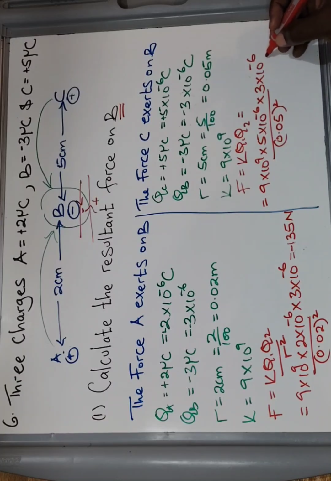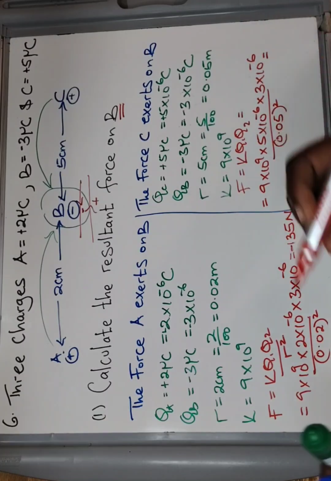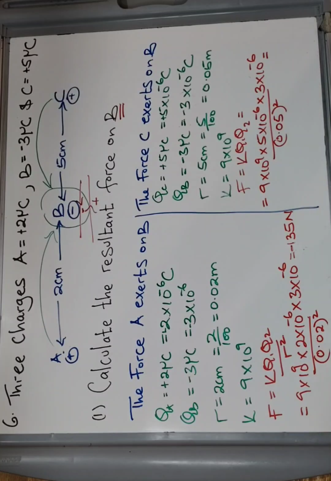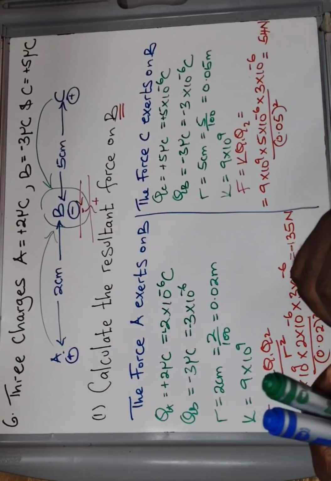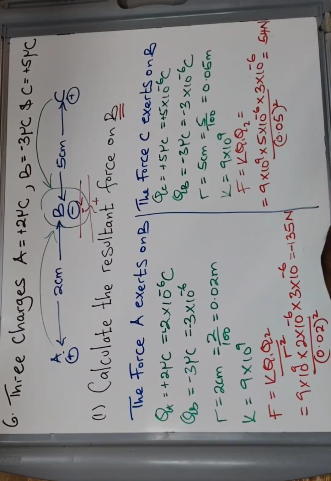And what you get here is our force which C exerts on B. So there we are. It is 54 newtons.